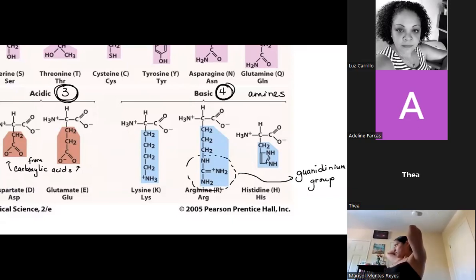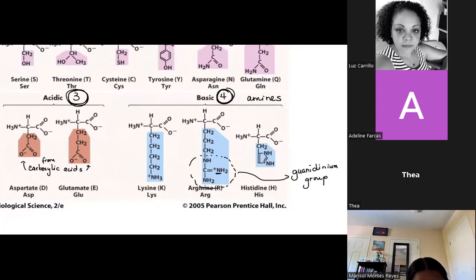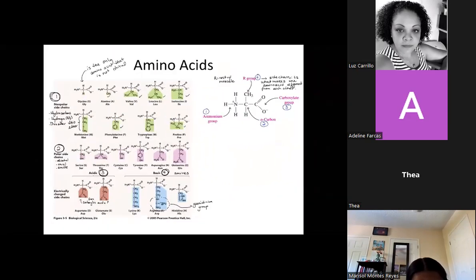Just understand that this nitrogen is the one that is going to be the most basic out of the whole system. And that's the one that releases protons or grabs onto protons. But these are the main families of amino acids that we have. Any questions about the amino acids?